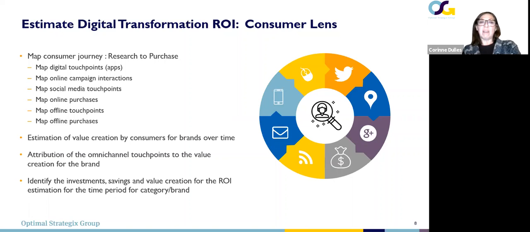Once you've identified that impact, you can go back and do the ROI calculation for an assessment of the investment it would require, for example, to approach each of these touch points to be present for your customer at the right place. In addition, you can assess what savings you are able to make, as you would certainly reduce some of your campaign costs or initiatives that are less fruitful.